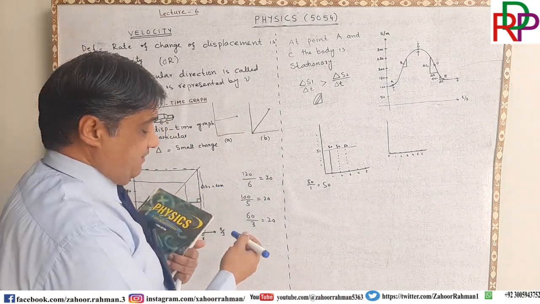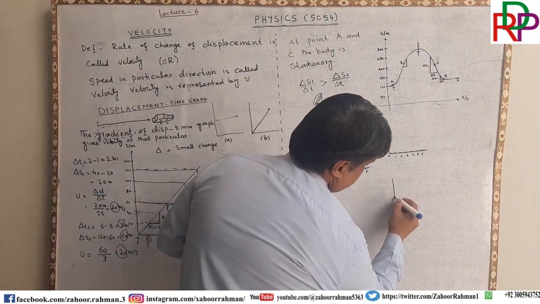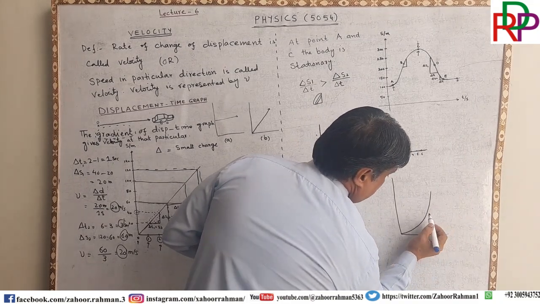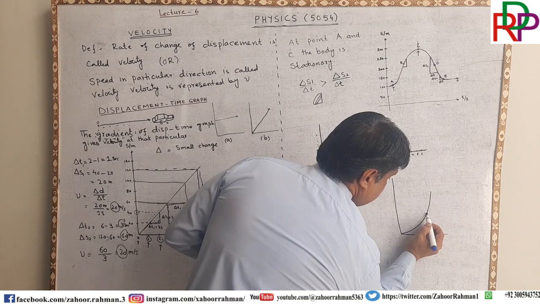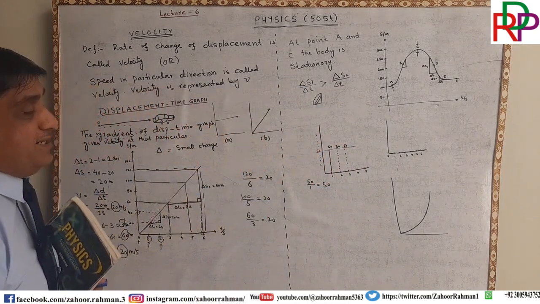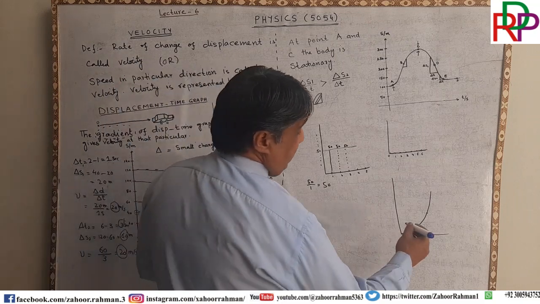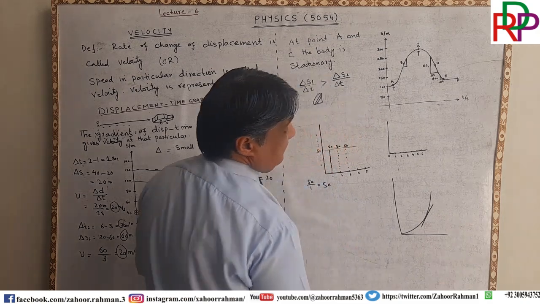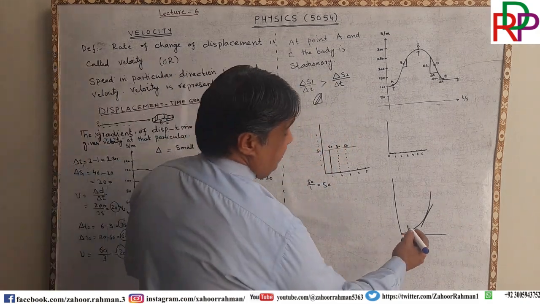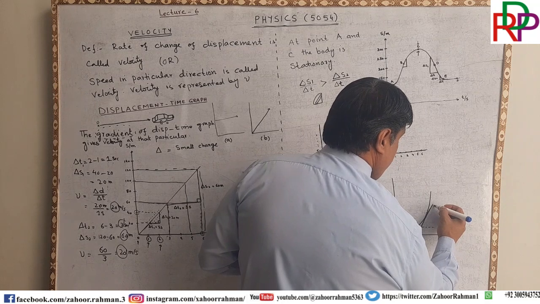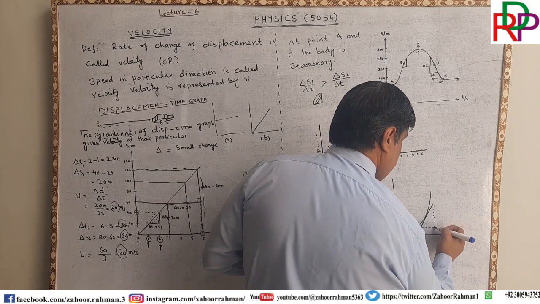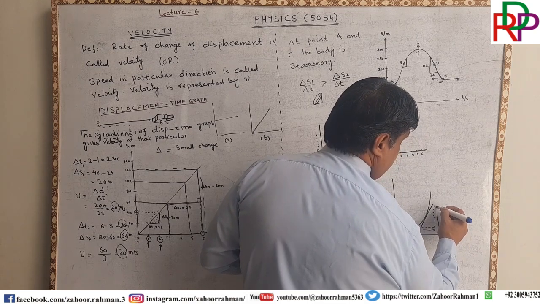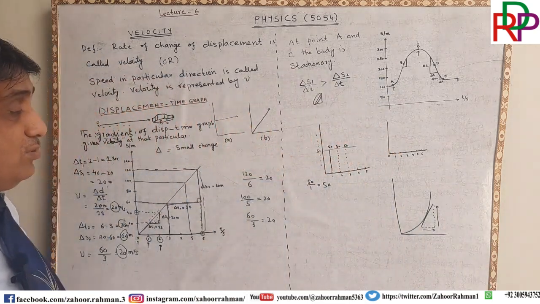For example, if there is a line like this, and I want to find the speed or velocity at this particular instant, then you have to draw a line which is touching only that point, and then you have to find the horizontal distance and the vertical, the perpendicular distance.